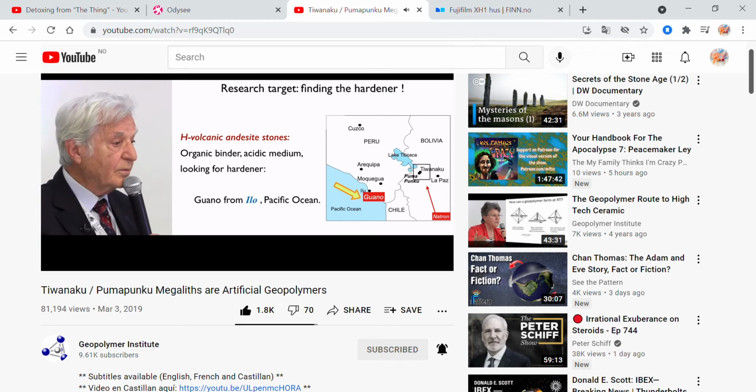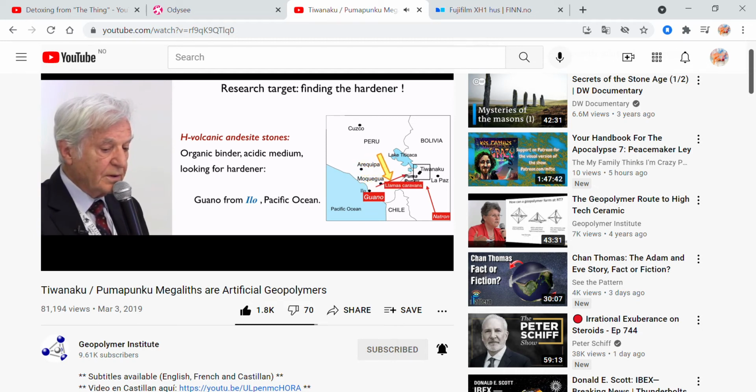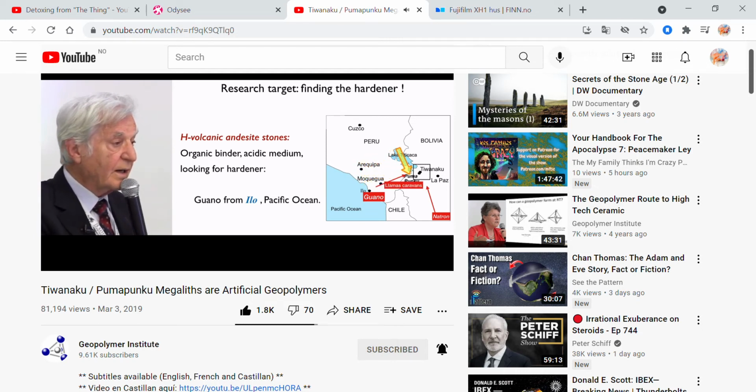The guano that you find, that is commonly used as a fertilizer, was transported by llama caravans to the highlands. The guano is an excellent fertilizer, but it is not the reason why they transported it to the highlands.